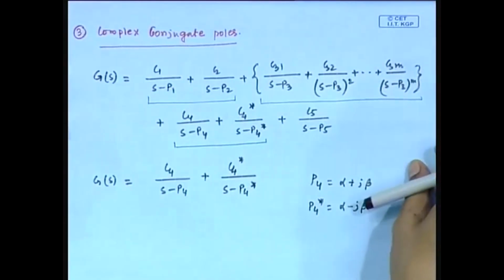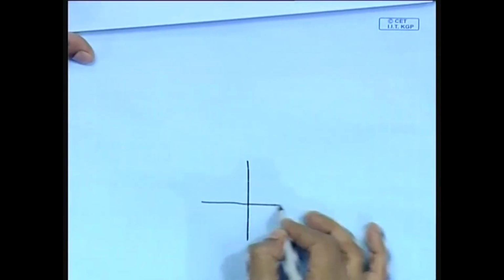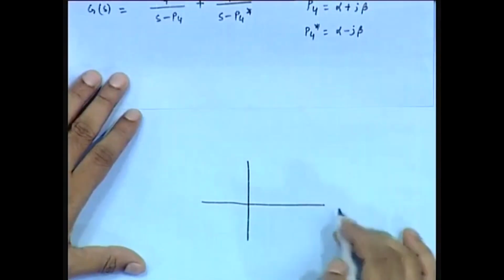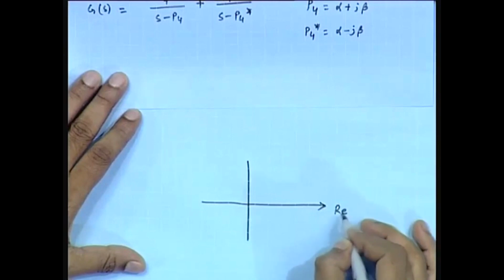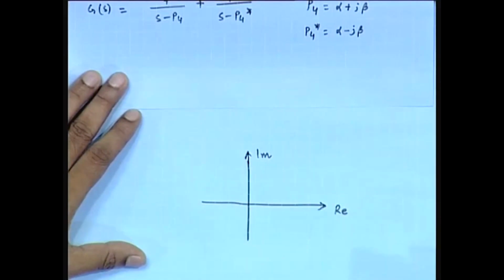Now, we have to represent them in the complex plane. This is the complex plane, this is the real axis, this is the imaginary axis.